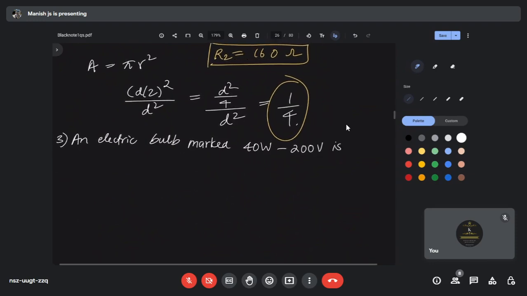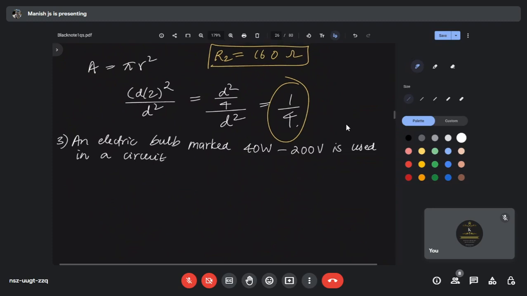It is used in a circuit whose supply voltage is 100 volt.